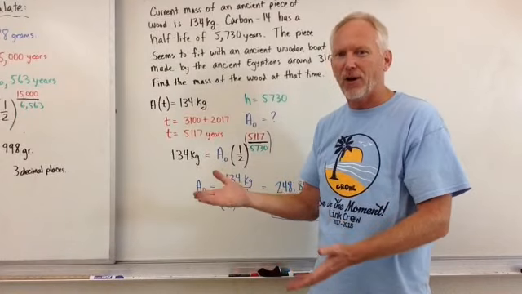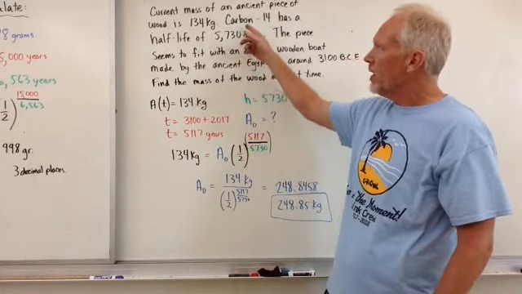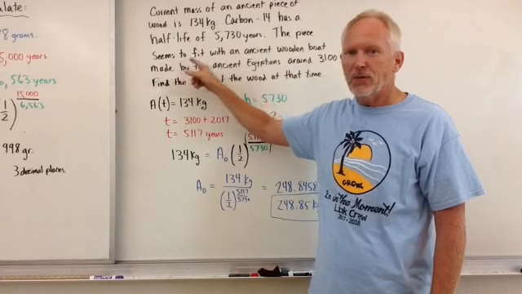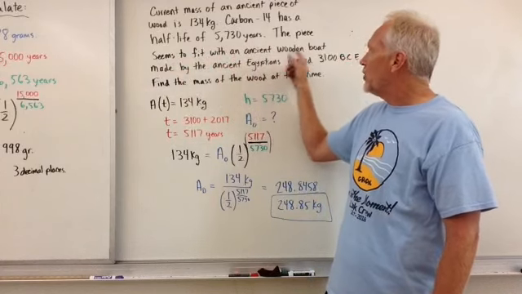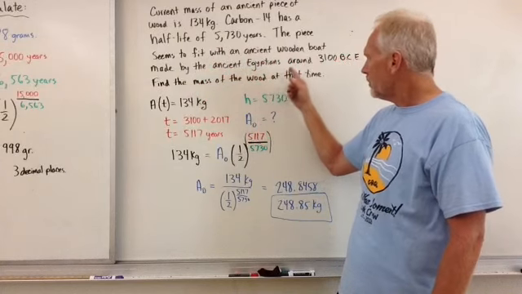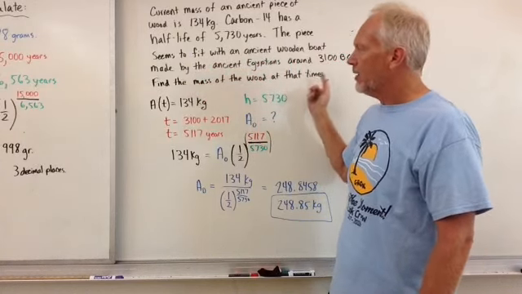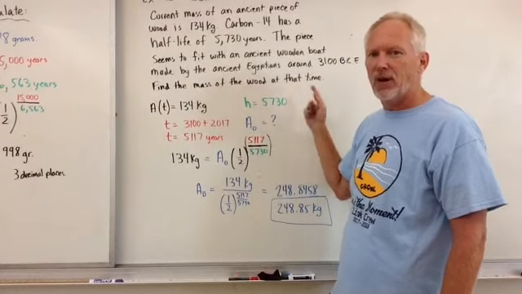They look through it, and they figure out that it has something to do with the ancient Egyptians. And they know carbon-14, which is found in wood, has a half-life of 5,730 years. So the piece seems to fit with an ancient wooden boat made by the ancient Egyptians around 3100 BCE, before current era. So find the mass of the wood at the time.